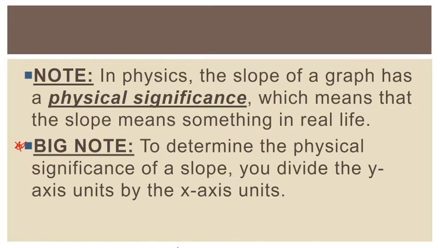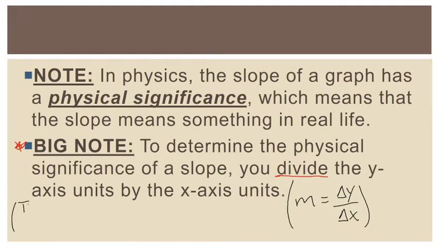Now, the key thing I want you to focus in on here is that you're taking the y-axis units and you're dividing them by the x-axis units. And I feel like a lot of people, when I usually say that, try to memorize that. We're not doing that for no reason. The reason why we're dividing the units is because the slope formula tells us to divide the units.